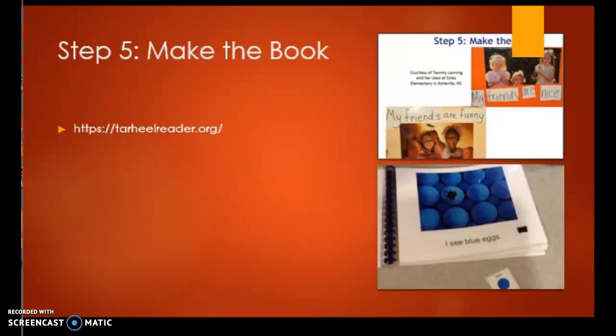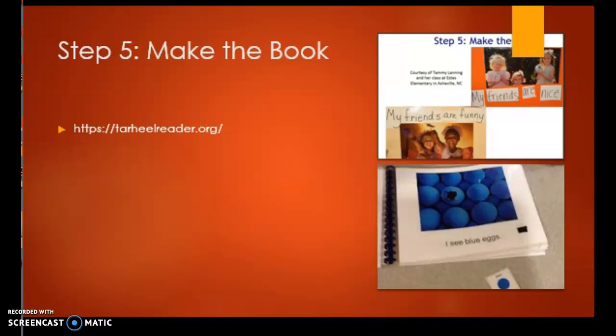And step 5, or day 5, is making the book. So you would take each student's sentence stem from the week, and you would make a book out of it. Each student would be able to make their own page and include a picture.